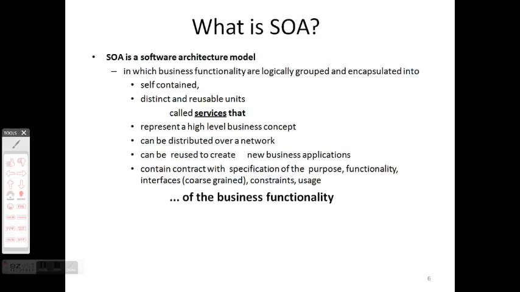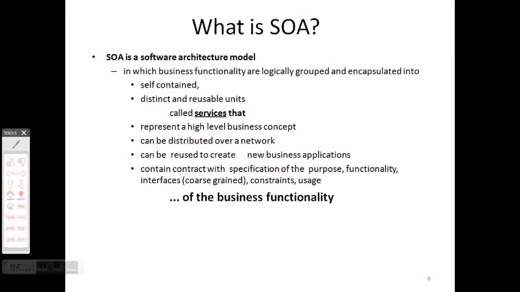Now let's see what service-oriented architecture is. Basically, service-oriented architecture is a software architecture model in which business functionality is logically grouped together and encapsulated into self-contained, distinct, and reusable units that we call services.